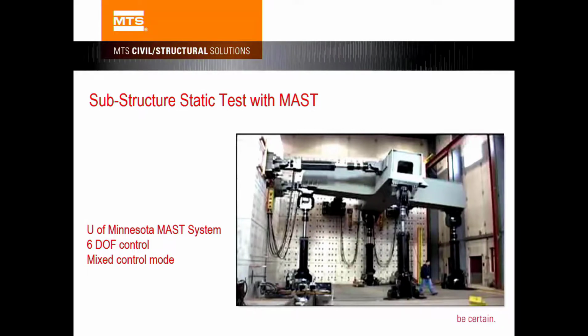This DOF control software automatically conducts the coordinate transformation. If you want the 6 DOF at a certain location, it automatically transfers it to the actuator coordinate system and moves the actuators accordingly to achieve the 6 DOF in the global coordinate system in real time. So this is degree of freedom control software.